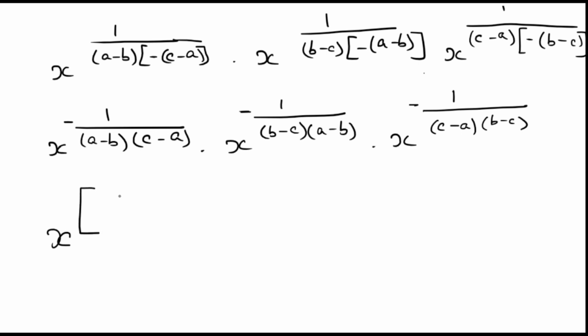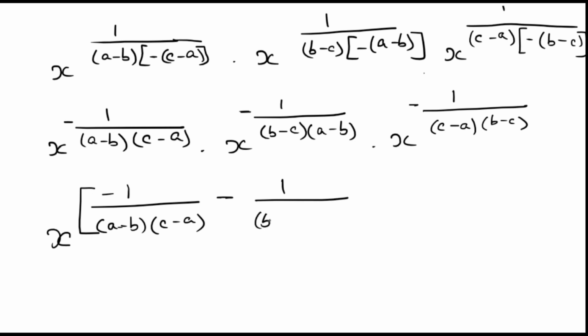So if I add it, I'll be getting minus 1 divided by (a minus b) into (c minus a), minus 1 divided by (b minus c) into (a minus b), minus 1 divided by (c minus a) into (b minus c).